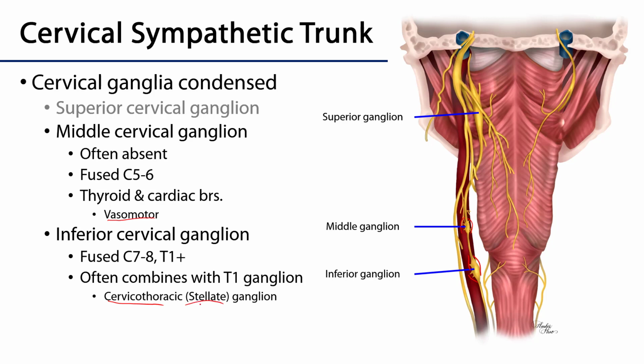This tends to be quite a large ganglion when it combines with thoracic ganglia, and it's often a very impressive size, but not quite the size of the superior cervical ganglion. If you are lucky to see the thoracic ganglia of the thoracic trunk, you'll note that there are ganglia for every thoracic level. So you'll see one associated with every rib on the way down the thoracic sympathetic trunk.